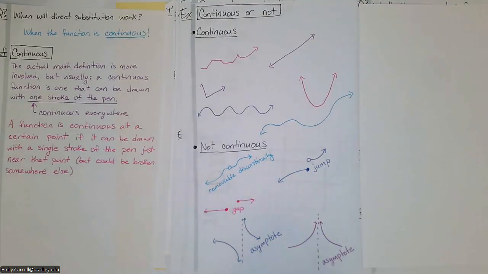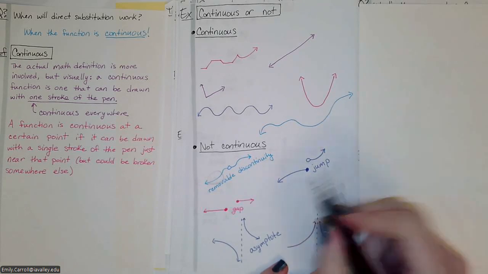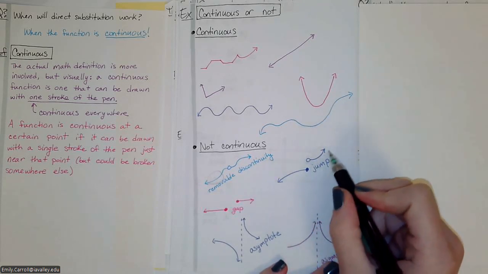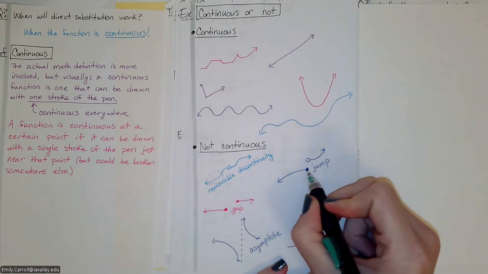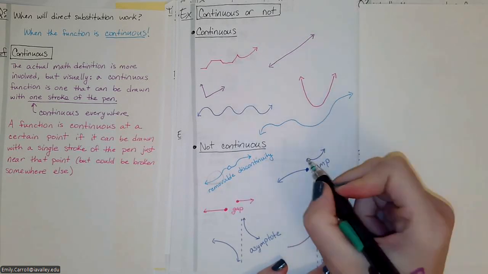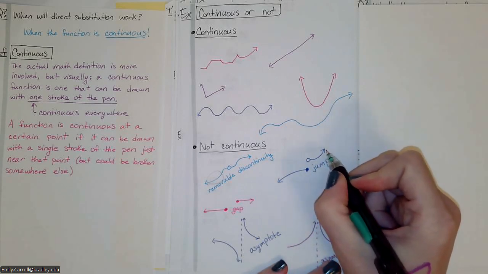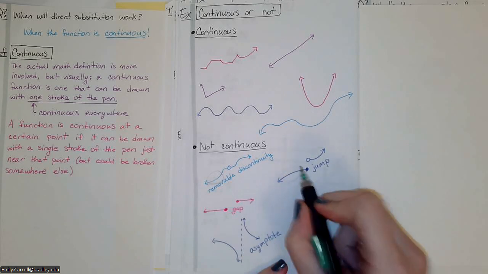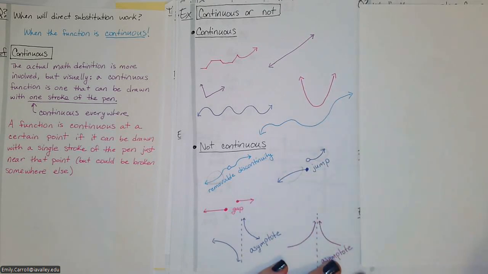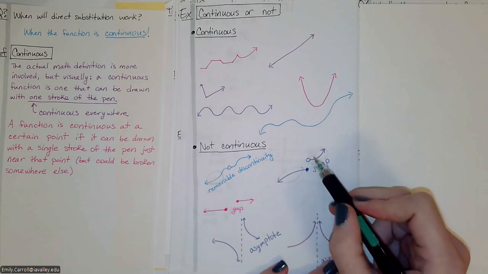You could also have what is called a jump. You're going along and then you jump up to this other value. This is not continuous. I have to come here and then lift up my pencil and then go over here in order to keep going. It would be continuous here and here, just not at that one particular spot.